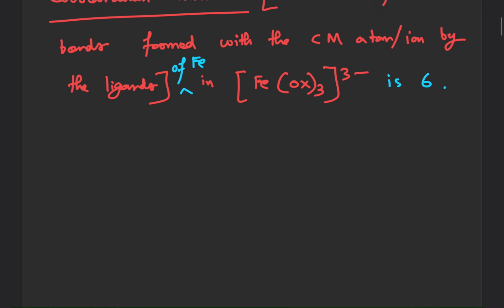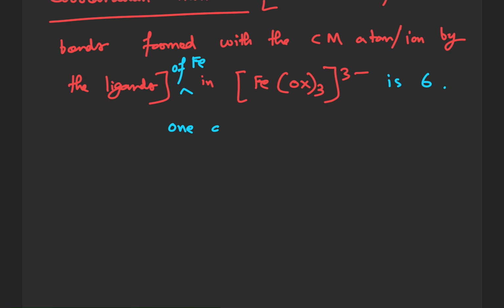It is 6 because ox, or C2O4 2-, the oxalate ion, is a didentate ligand, and there are 3 of them in total. We know that a didentate forms two coordinate bonds, so the total number of coordinate bonds is 3 into 2, which is 6.